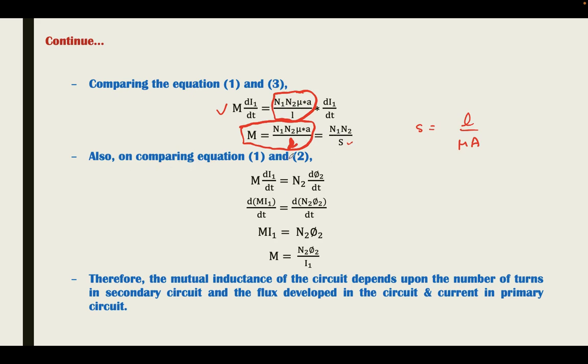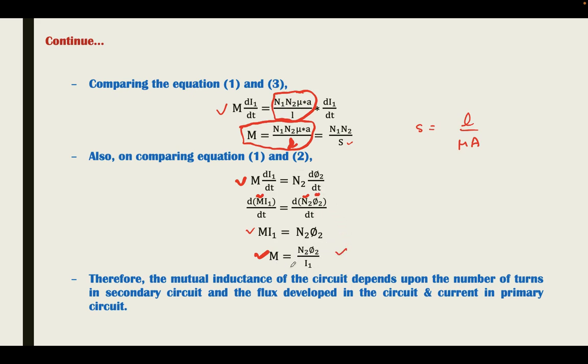Now comparing the first and second equations, in the first equation it was M di1 upon dt, and in the second equation it was N2 d phi2 by dt. Comparing these two equations, it means M I1 must be equal to N2 phi2, and from here we can derive the relation M is equal to N2 phi2 upon I1.